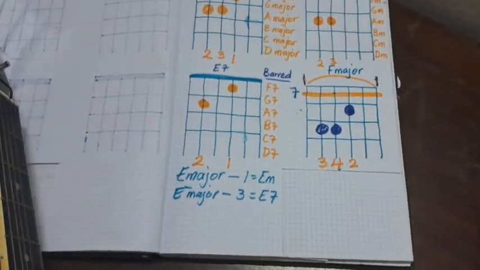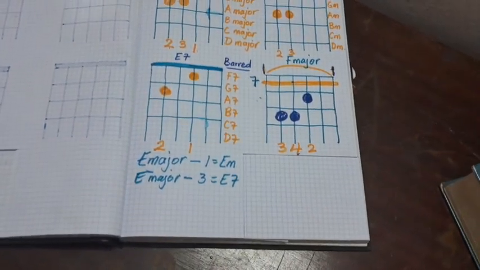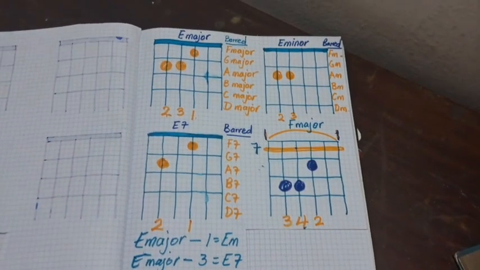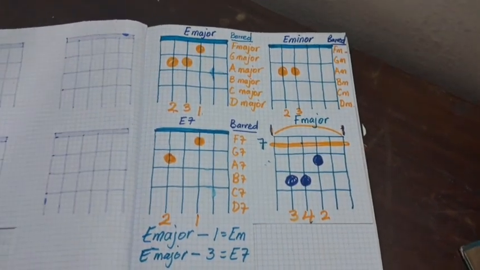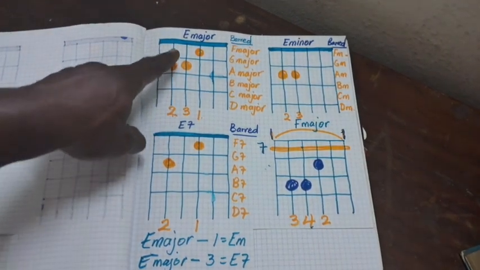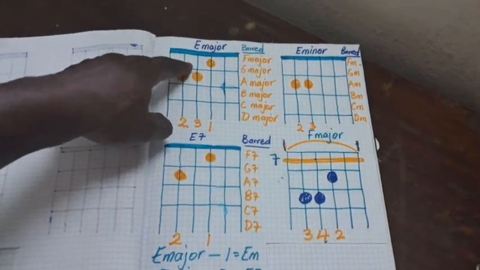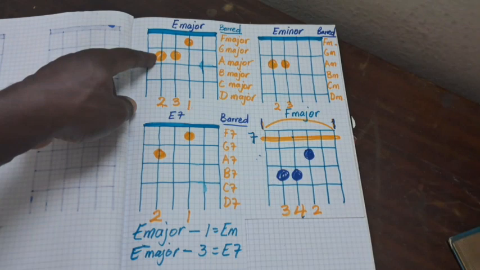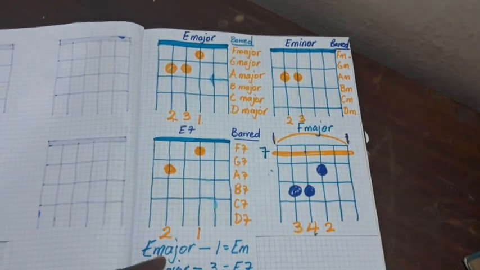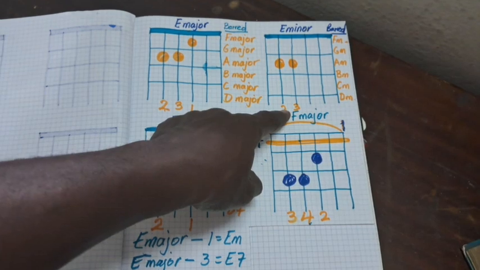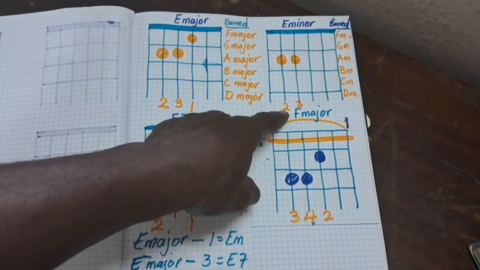So we can say this is the mathematical representation of the keys, where you have E major as the foundation. So once we have E major as our foundation, we say E major minus 1, which is this, gives us E minor.